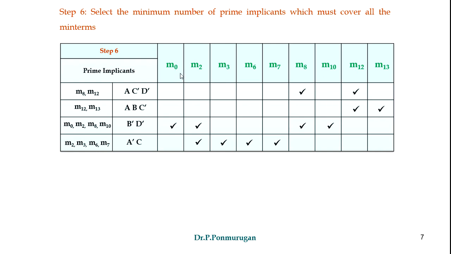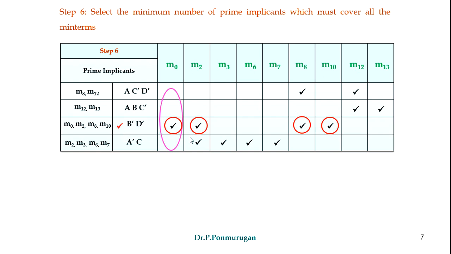So next step is we have to see which minterm has only one tick in that corresponding column. So first in this we have only one tick, so we can take the minterms present in this term. We can circle it here, and we can select this as a prime implicant, so we put a tick mark here.